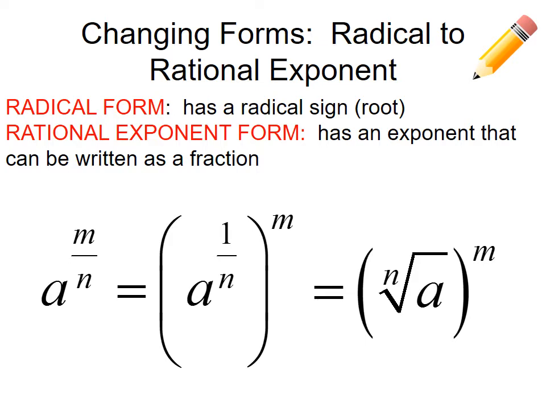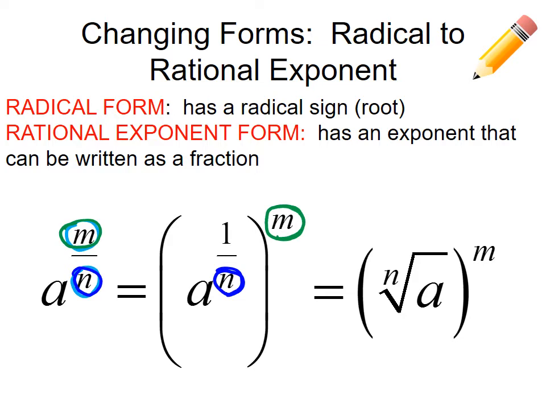Here's the official rule. If I have a variable or a value to the m over n, the n becomes your denominator. The m becomes the overall exponent.